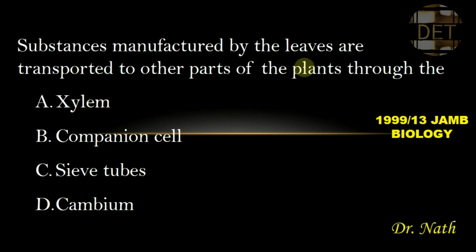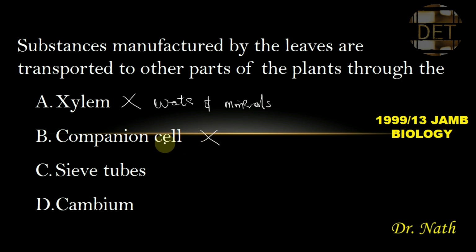Substances manufactured by the leaves are transported to other parts of the plant through, is it the xylem? It is not the xylem. The xylem is for transport of water and minerals from the root of the plant to other parts of the plant. Is it the companion cell?